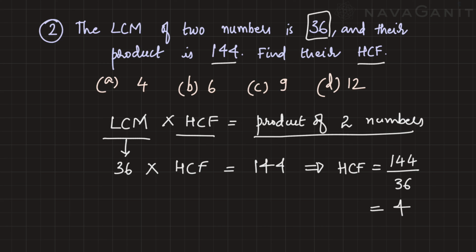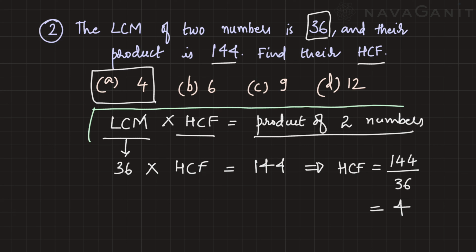So the correct answer in this case is option A, 4. All of you need to remember this formula, that LCM multiplied by HCF is nothing but the product of the two numbers.